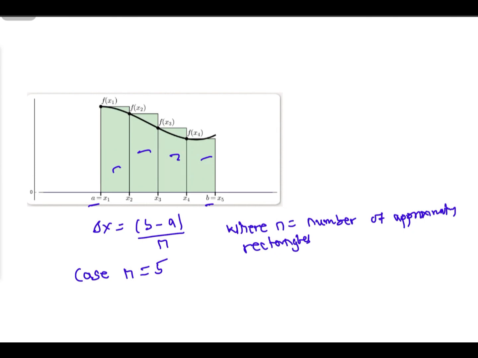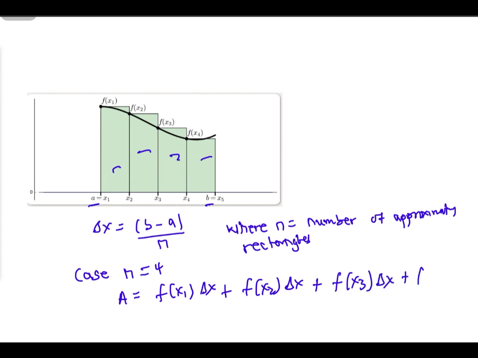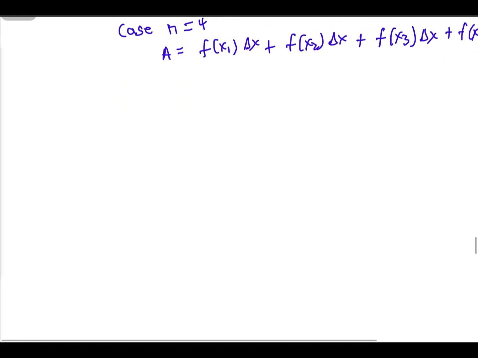So when approximating with 4 rectangles, we will have the area under the curve as area equal to f of x1 change in x plus f of x2 change in x plus f of x3 change in x plus f of x4 change in x. So that is it.